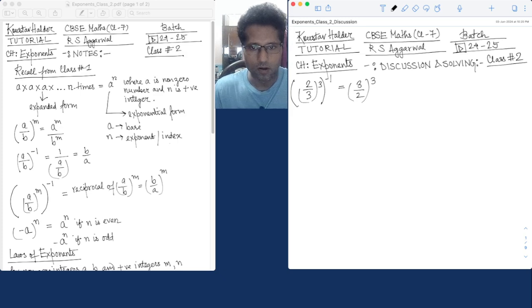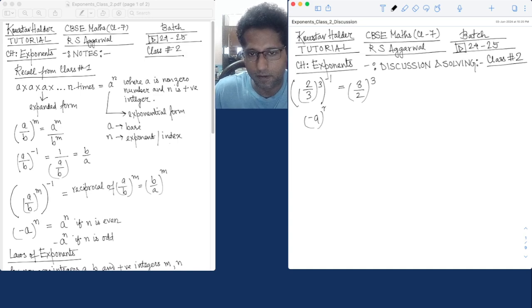Also I discussed that any negative number raised to the power n, where n is even, is equal to the numerical value of the number raised to the power n. So any negative number, where a is a positive number, so minus a will definitely be a negative number. a could be an integer or a rational number.